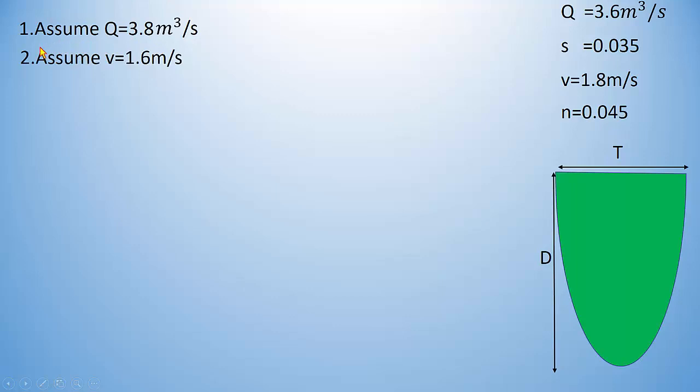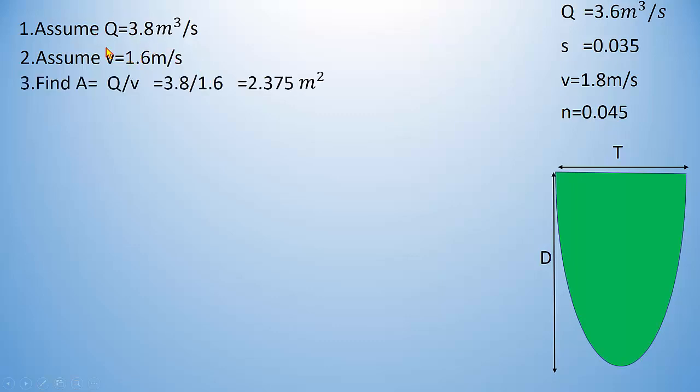Another thing is we also assume the velocity. Since the permissible maximum velocity is 1.8 meter per second, we assume that the velocity we take is slightly lower than this value. So we take velocity as 1.6 meter per second, or you can assume 1.5 or 1.7 meter per second, whichever you like.